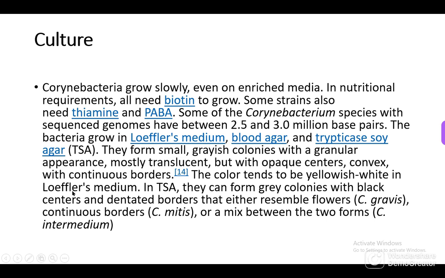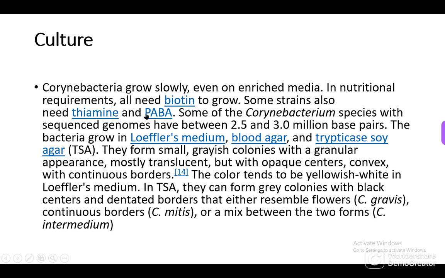They form small grayish colonies with a granular appearance, mostly translucent but with opaque centers, convex with continuous borders. The color tends to be yellowish-white on Loeffler medium, but on TSA they can form grey colonies with black centers and dentated borders that either resemble flowers, continuous borders, or a mix between the two forms.